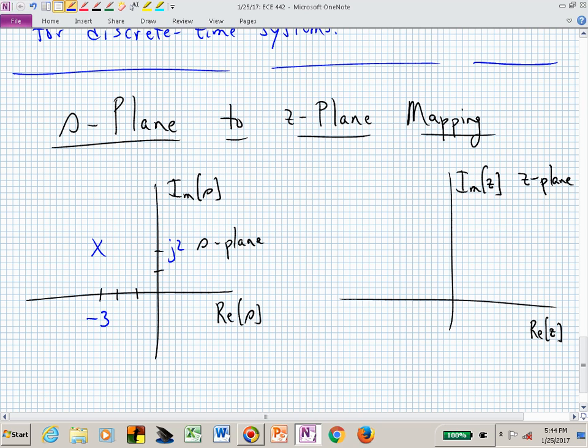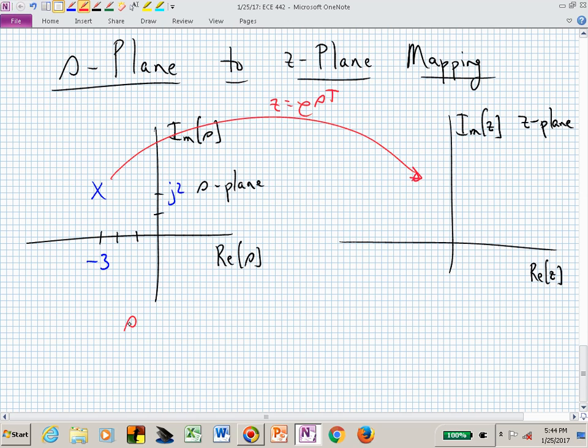And we have just now derived this relationship between Z and S. That relationship now said that Z is equal to e to the st. So now this S-plane is related to the Z-plane, and where is this going to go? Well, we will show where that goes, but let me just indicate that it's over here, where this might be 1. It's now plopped over to that location, roughly.